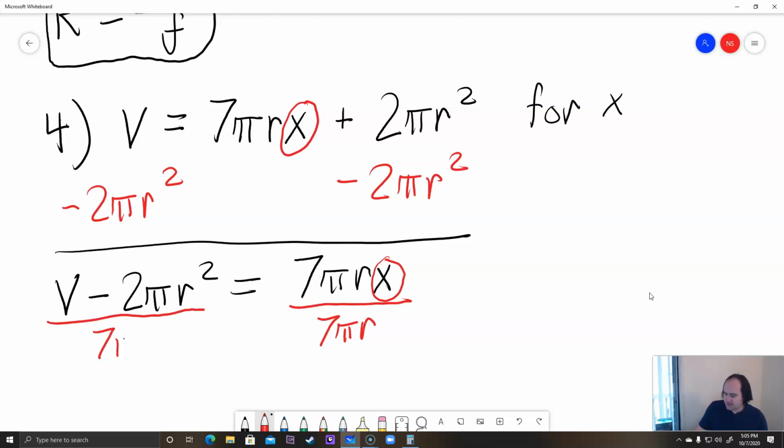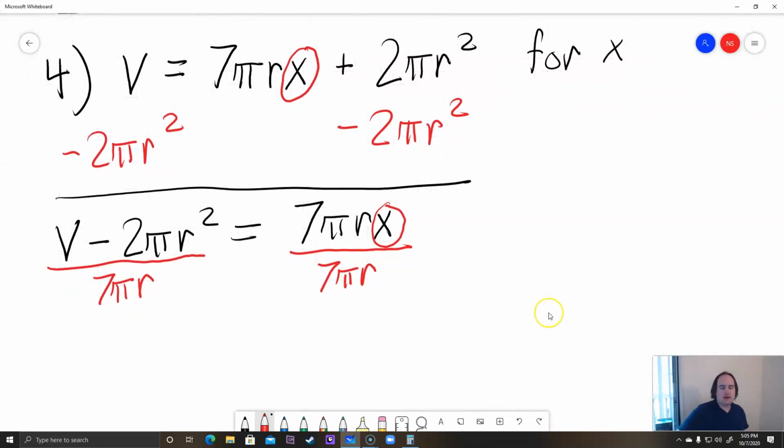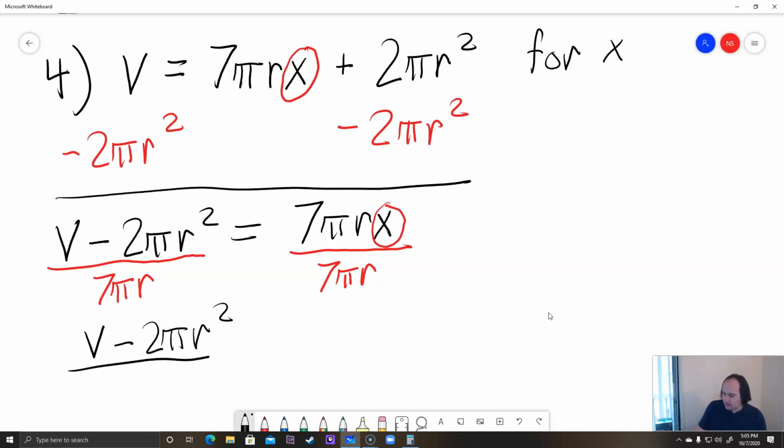After we do that, on the left side, we have v minus 2 pi r squared all over 7 pi r. And on the right side, the 7 pi r cancels out and we just get x.